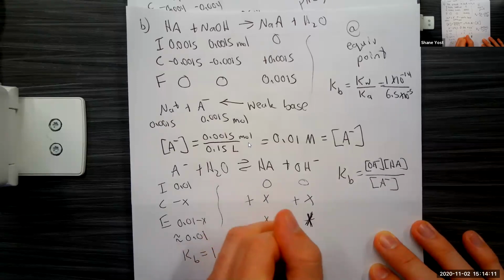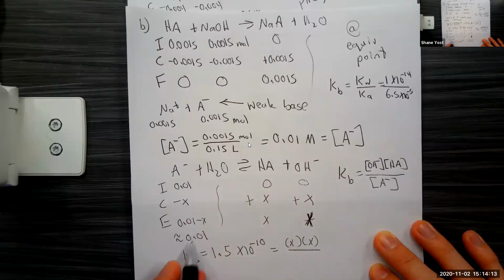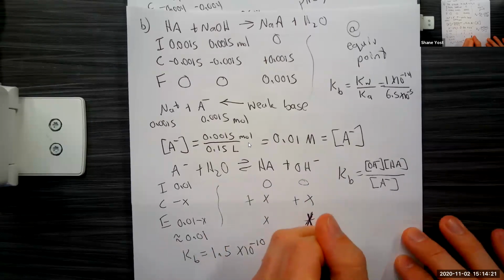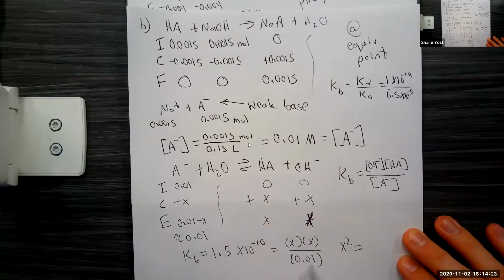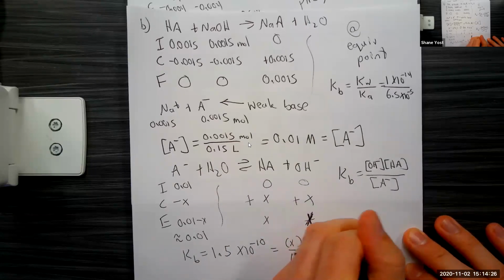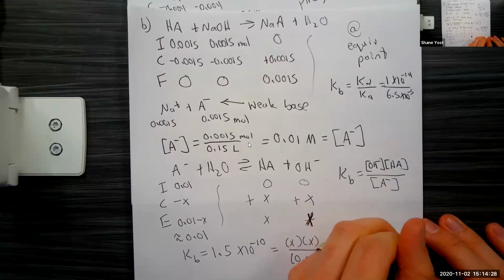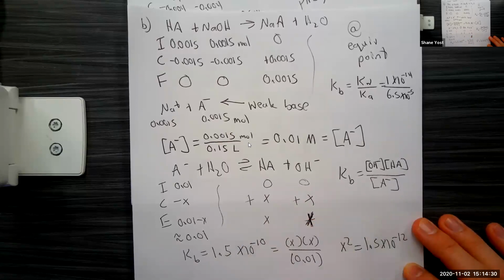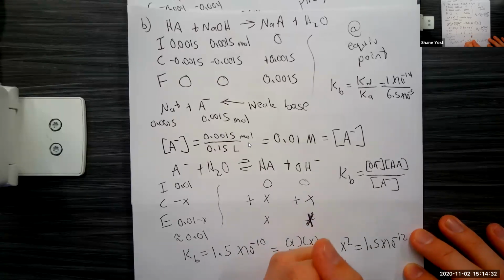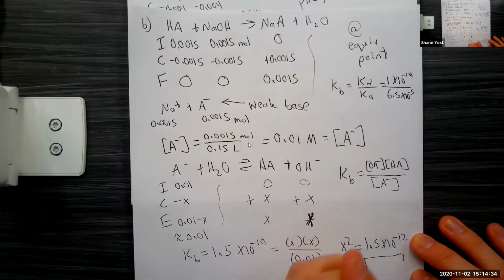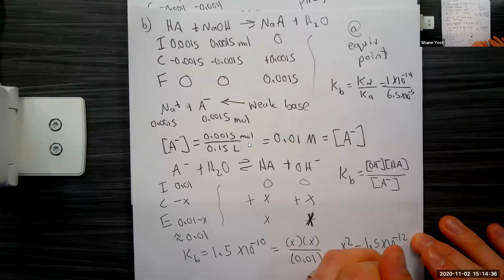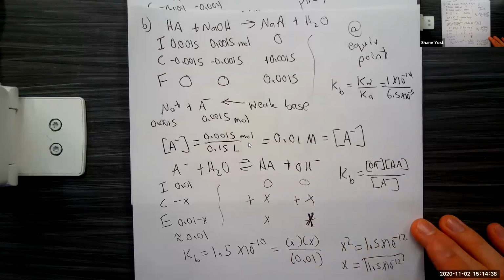So X times X divided by my concentration of A minus, which is roughly the 0.01. And so then X squared equals, multiplying 0.01 onto the other side, 1.5 times 10 to the minus 12, okay?